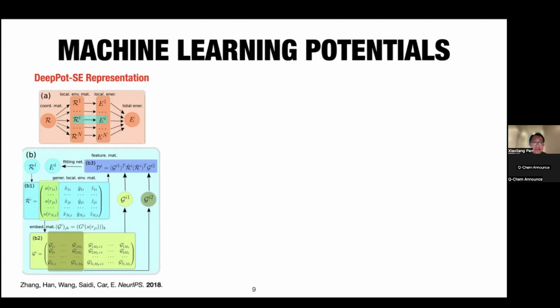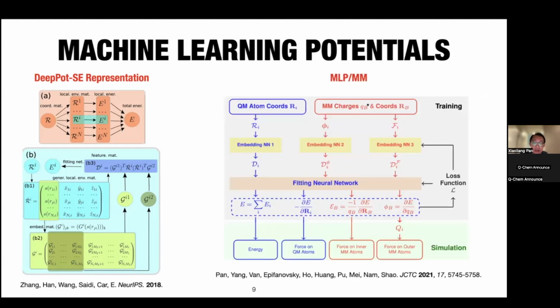Second example is we use QMHub to both train and inference machine learning potential. And I won't go into too much detail. It's very similar to the empirical training. So we use the energy, force, and the potential in the field as part of the loss function.